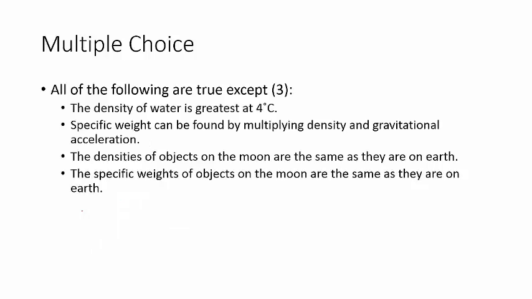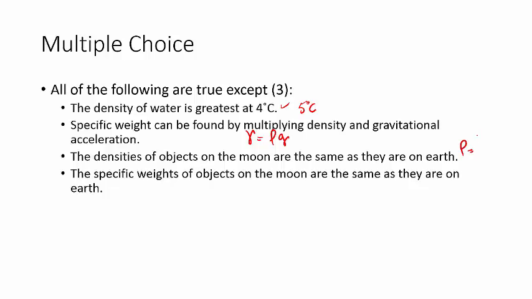All of the following are true except. So the density of water is graded at 4 degrees Celsius, and I told you in the exam that the table you have in your manual is 5 degrees Celsius. Assume that it's the same. Specific weight can be found by multiplying density and gravitational acceleration. So this specific weight, density by gravitational acceleration. The densities of objects on the moon are the same as they are on Earth, and this is correct.